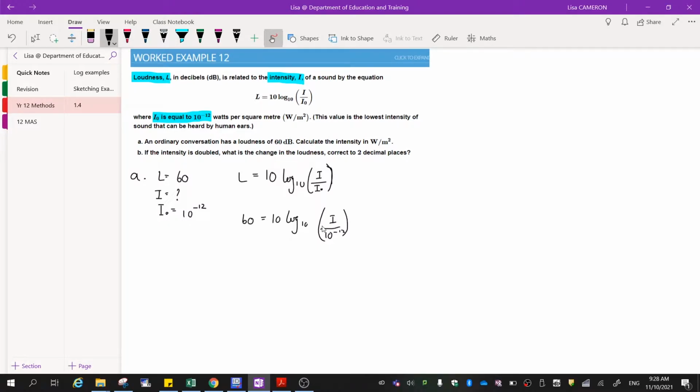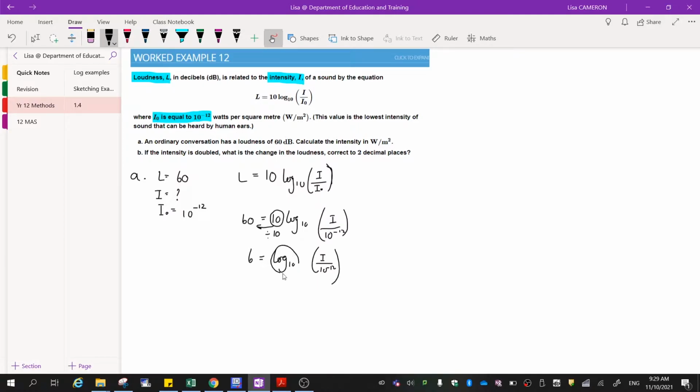This is the variable that we're trying to solve for. So first thing I'm going to do is take this 10 to the other side. Currently it's multiplying, so I'm going to divide by 10. 60 divided by 10 is going to leave me with 6. So this is what's remaining on the other side.